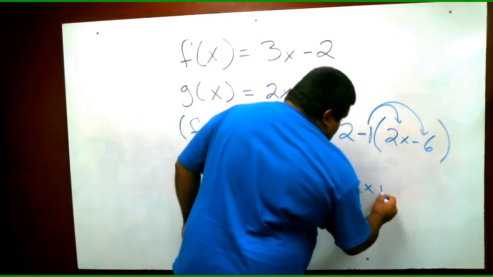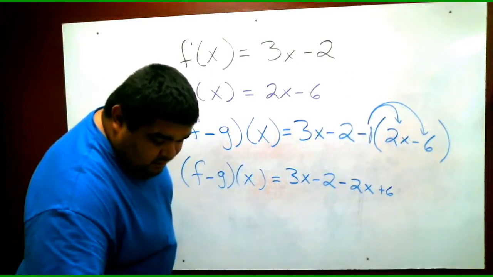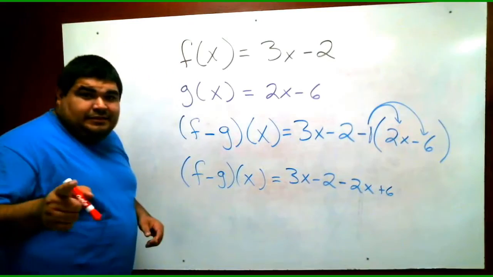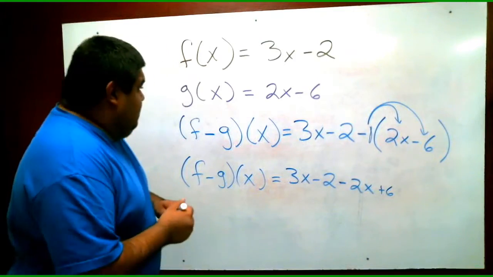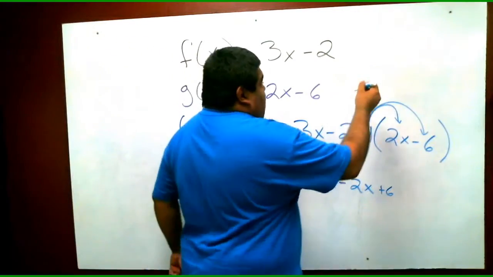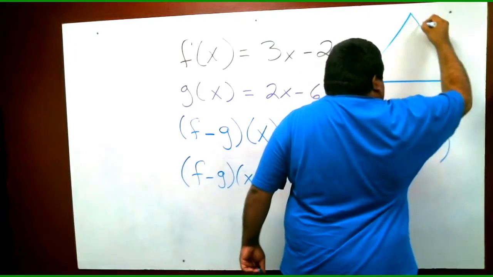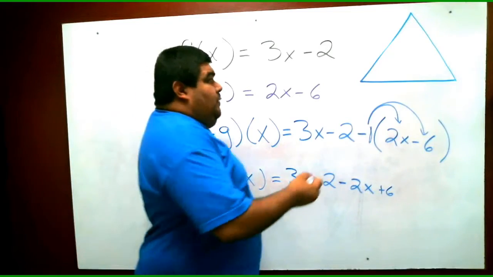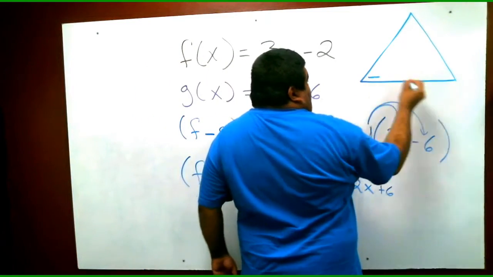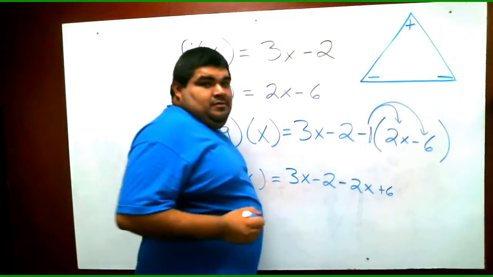The reason why it's positive is because if you have, let's draw this triangle, okay? Keep this triangle on your notes. It makes it a lot easier for you guys. Let's draw this triangle here in the corner. On this triangle, the bottom corners are going to be negative. The top one is going to be positive.